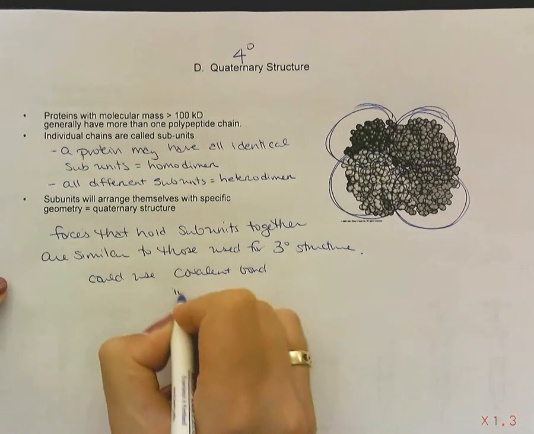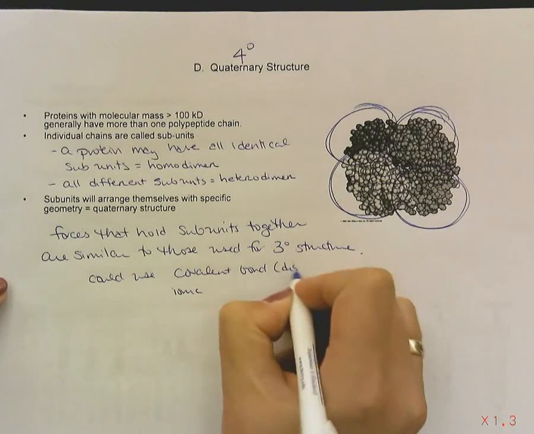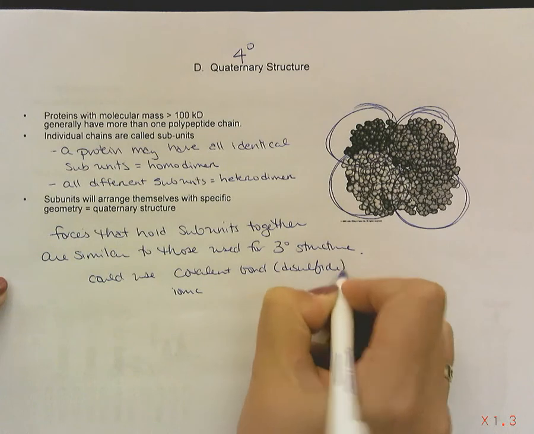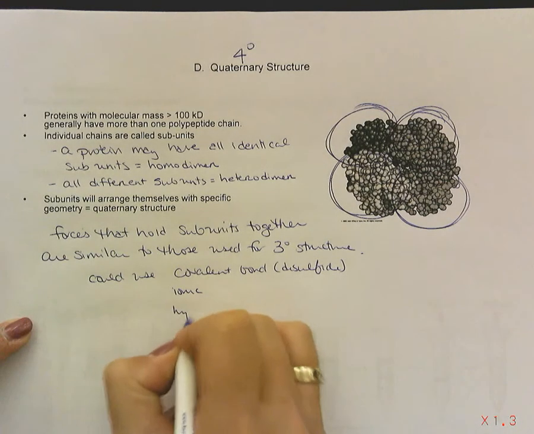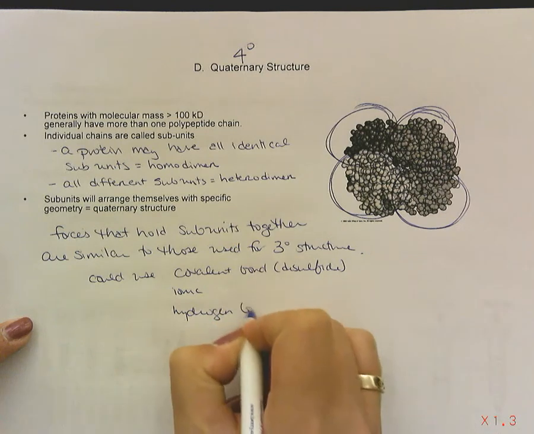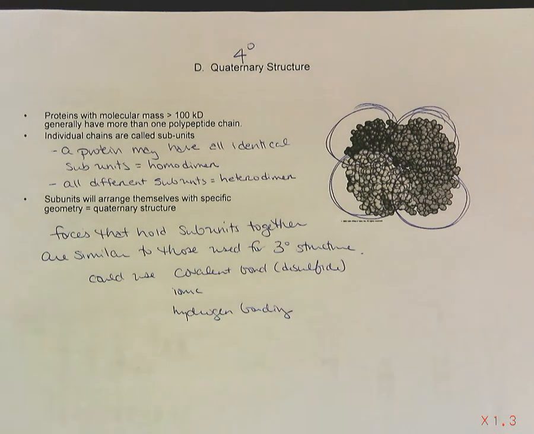Ionic. We're going to call disulfide and covalent really in the same category. Ionic, and two more: hydrogen bonding, and dipole, which is not as strong.